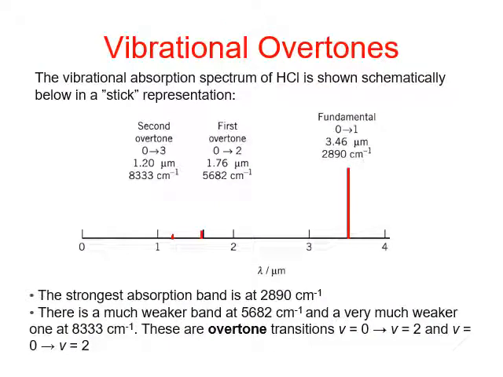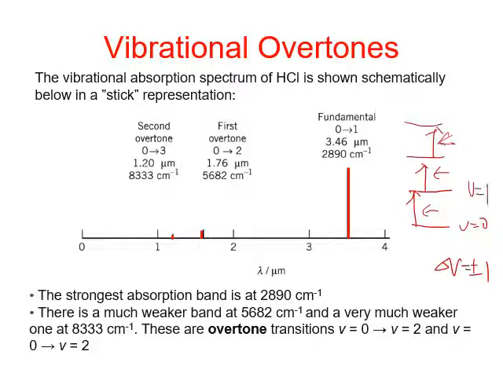Under the harmonic oscillation approximation, the allowed energy separation between adjacent energy levels is all the same. And a selection rule says that delta v has to be plus or minus 1. That tells us the absorption can only happen between adjacent energy levels, and this is v equals 0, 1, 2, and 3.